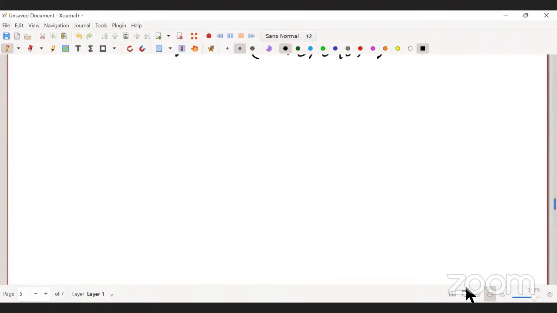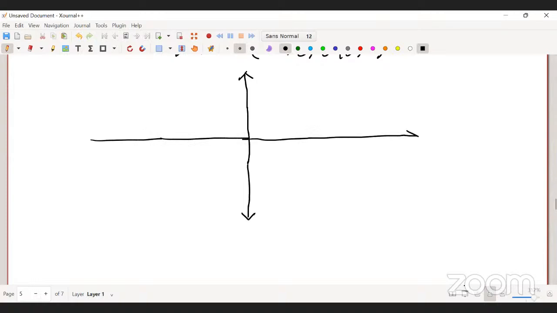Okay, so let's try to draw the graph. What will be the graph of this function? On the right hand side, we'll have something like this. Sir, it will be a reflection of the graph of ln x about the y-axis.